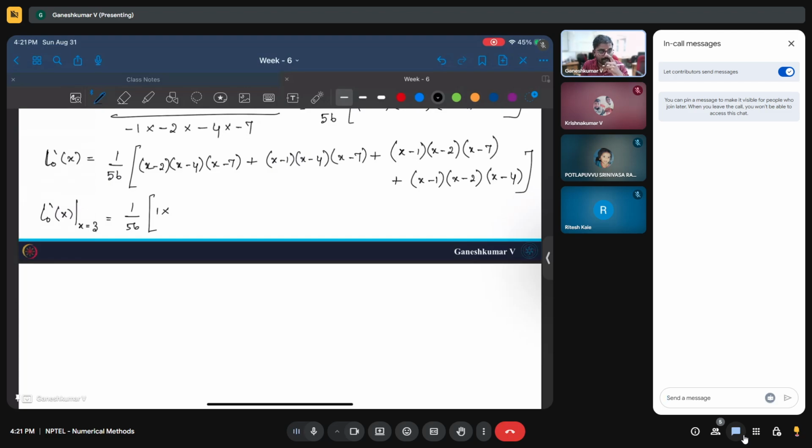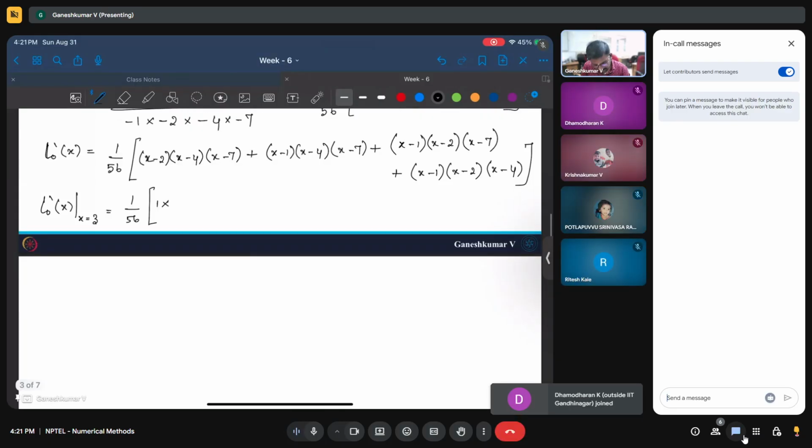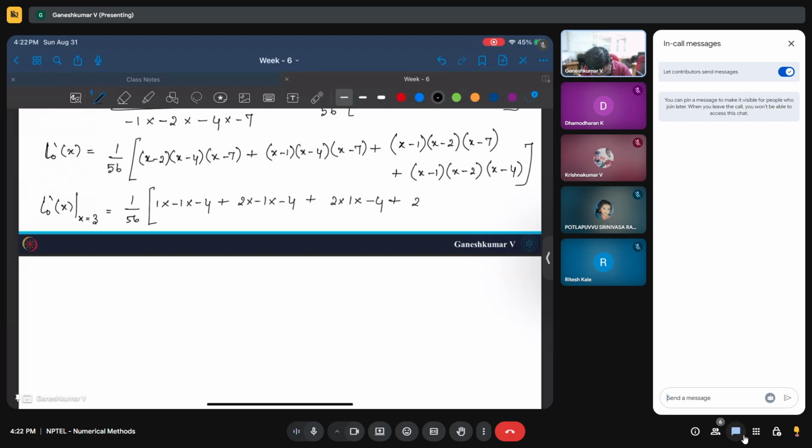You guys can also do it parallelly and let me know what is the final answer for L naught dash of x. Okay, so 3 minus 2 is 1, 3 minus 4 is minus 1, 3 minus 7 is minus 4, plus 3 minus 1 is 2, 3 minus 4 is minus 1, 3 minus 7 is minus 4. Then this is going to be 2, 1, minus 4, and this is going to be 2, 1, minus 1, correct?